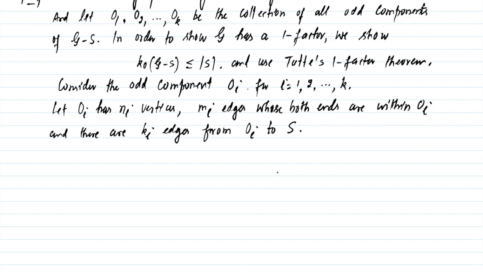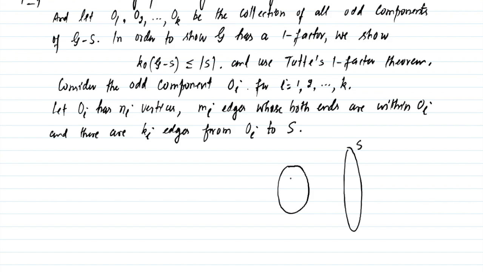Now first of all, let's consider the component Oi for some i from 1 to k, and here we construct the set S whose removal from G leaves these k odd components.